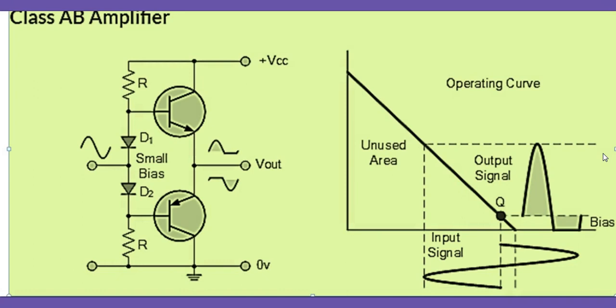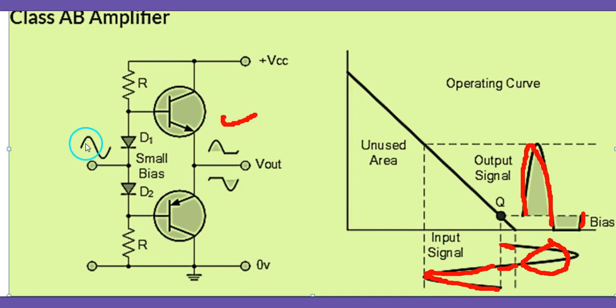For the variation of the input signal, only this part from here to here, and from here to here, this part and this part, appears like this, and this part is clipped, and the rest of the signal appears like this. So this is a circuit diagram.